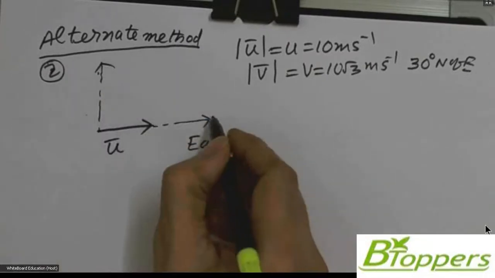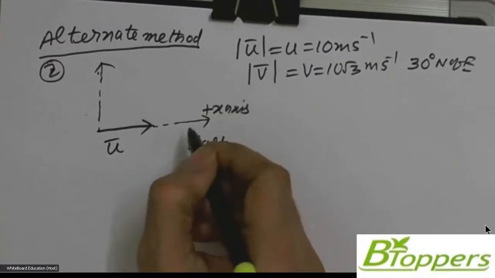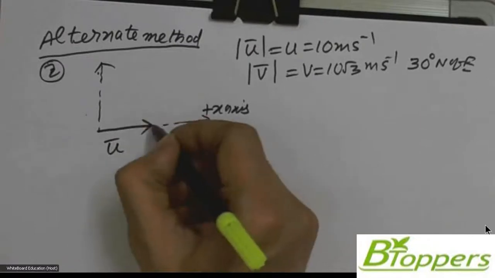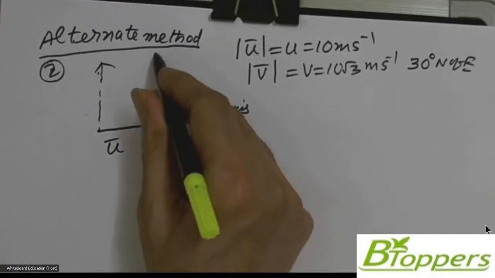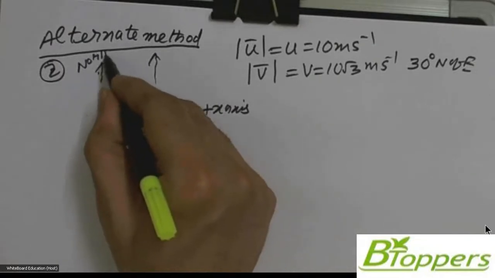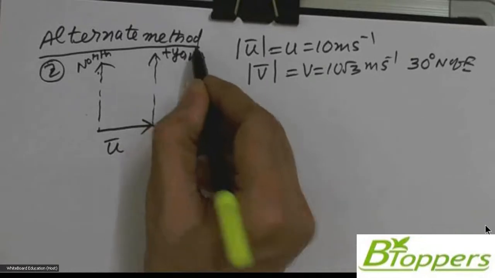I choose the horizontal direction towards east as positive x-axis, and the horizontal direction towards north as the positive direction of y-axis.